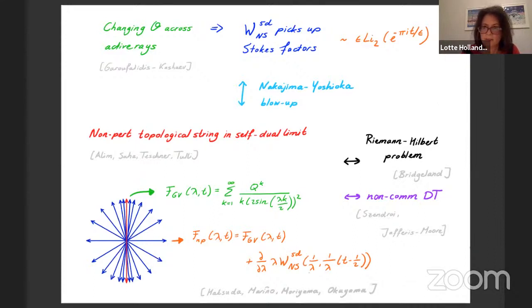So this relates this whole project to a couple of other developments. For instance, it is related to the Riemann-Hilbert problem, as was studied by Bridgeland, and it relates it to non-commutative Donaldson-Thomas invariants, as were studied a while ago by Cecotti, Jafferis and Moore.